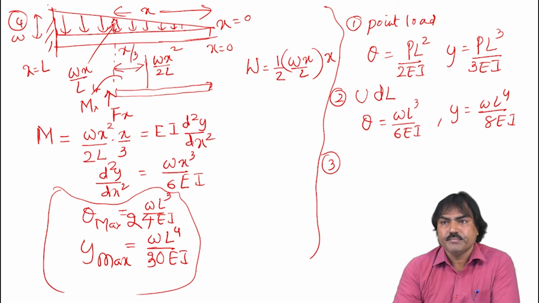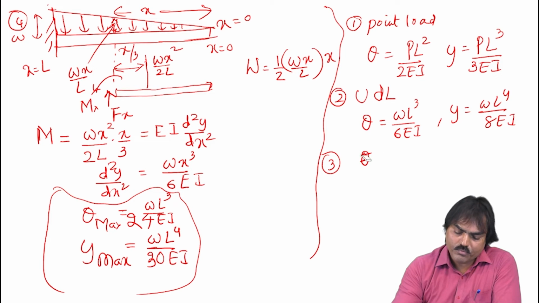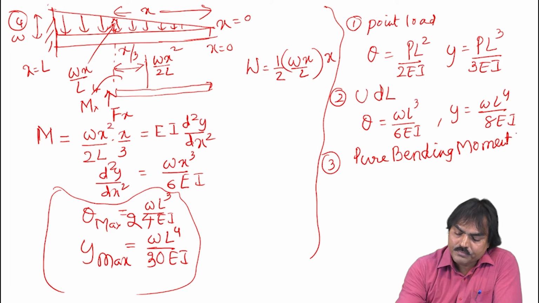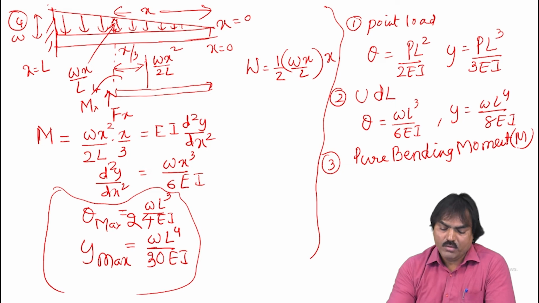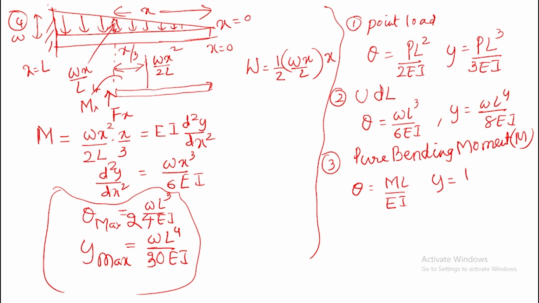The third set is when the beam is subjected to pure bending moment. The slope is given by ML by EI. The deflection is ML square by 2EI.